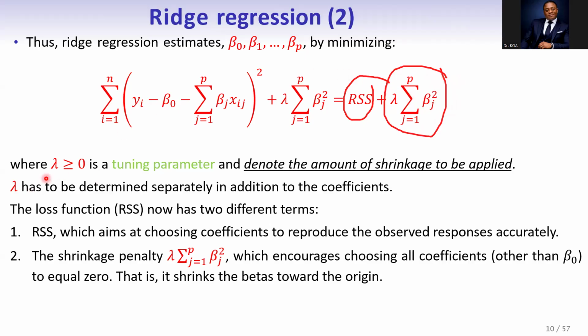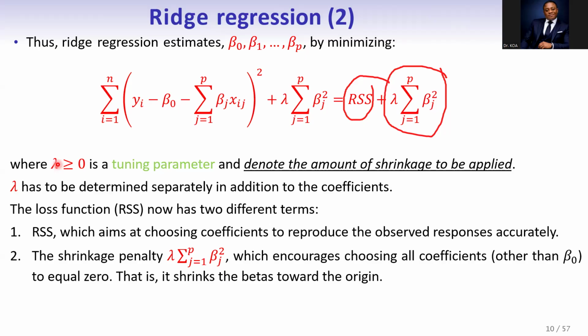What is this alpha or lambda? It tells you the amount of shrinkage to be applied. It has to be determined somewhere in addition to the coefficient. You are finding that one separately.